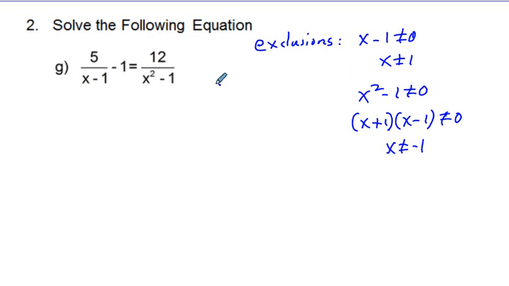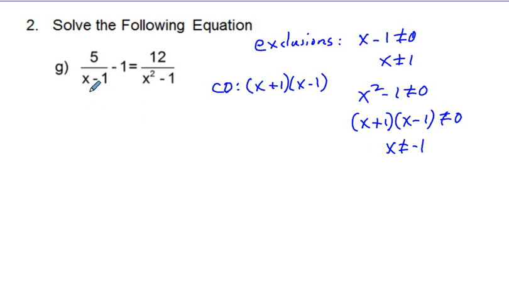And what is our common denominator going to be here? Our common denominator is going to be this x squared minus 1, which I'm going to rewrite as quantity x plus 1 times quantity x minus 1. So let's go ahead and rewrite our fraction accordingly.